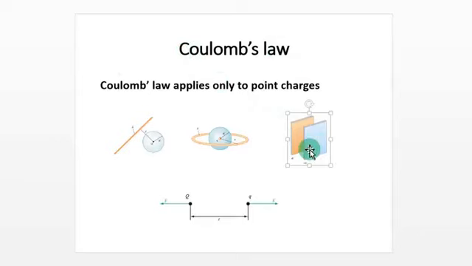Maybe another formula will work, but Coulomb's law will not be able to help us to calculate the force of attraction between these two plates. So again, we want to state that Coulomb's law applies only to point charges where we have a point and then another point carrying charges, either of the same charge or of different charge.